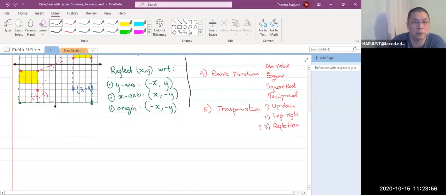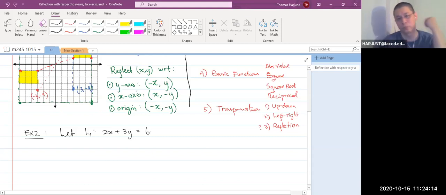Suppose, for example, example 2, I have let line 1 be 2x plus 3y equals to 6.